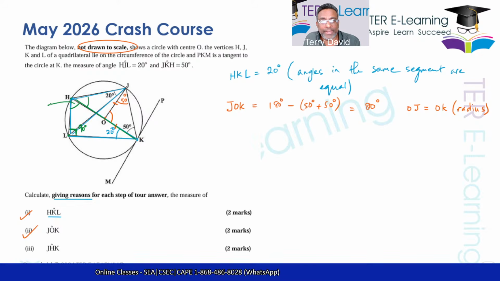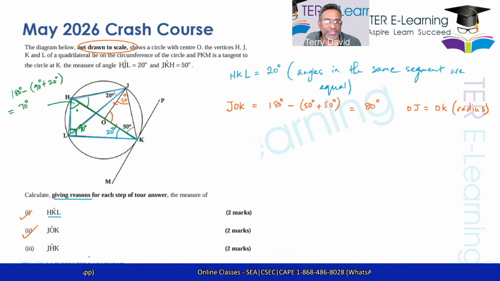That angle is going to be 180 minus (90 plus 20). 90 plus 20 is 110. So 180 minus 110, you're going to get 70 degrees. So this little piece here is 70 degrees.